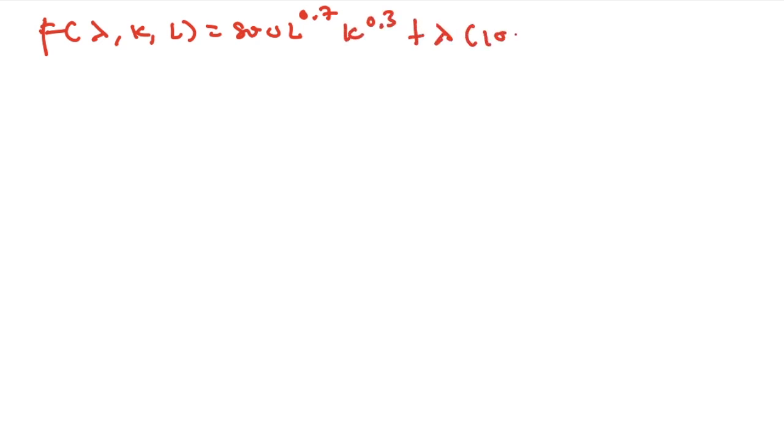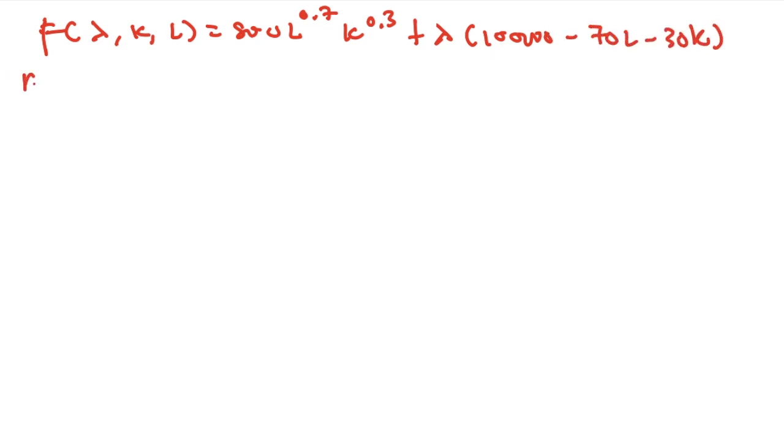Let me rewrite again the Lagrangian function that I have constructed earlier. So here, F(lambda, K, L) equivalent to 800 L to the power of 0.7 K to the power of 0.3 plus lambda (100,000 minus 70 L minus 30 K).